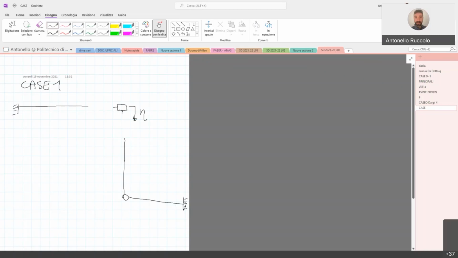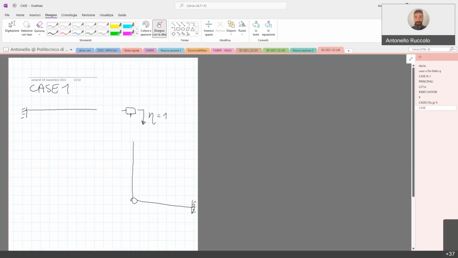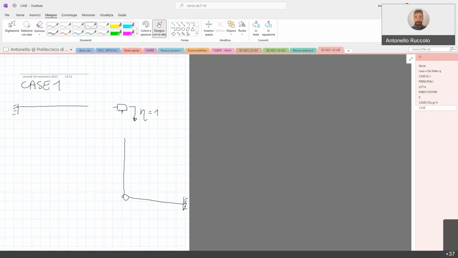It never wants to draw the beam C. So imagine that the node B is undergoing a fixed eta equal to 1. It means that the deflection here will be something like that.